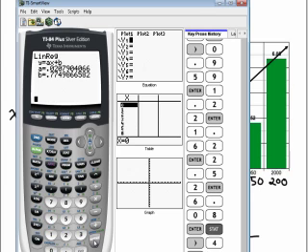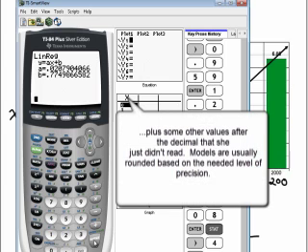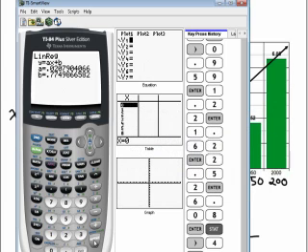And here we have y equals ax plus b, where our slope, or a, is 0.02079, and our b value, or y-intercept, is 0.7749.